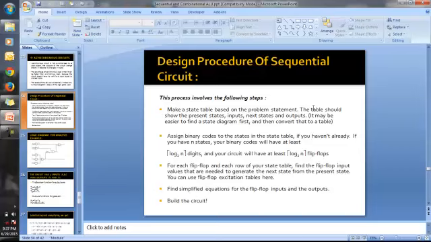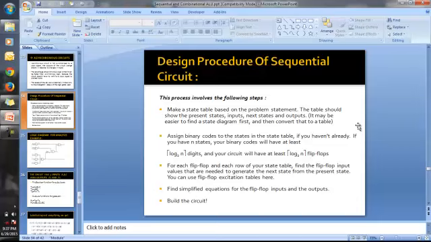Design procedure of sequential circuit. This process involves the following steps. Make a state table based on the problem statement. The table should show the present states, inputs, next states and outputs.